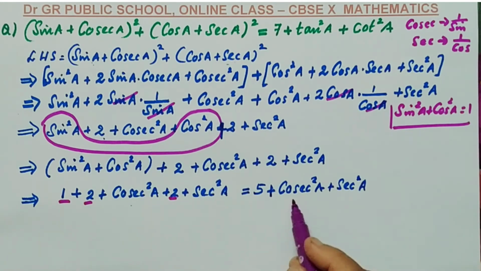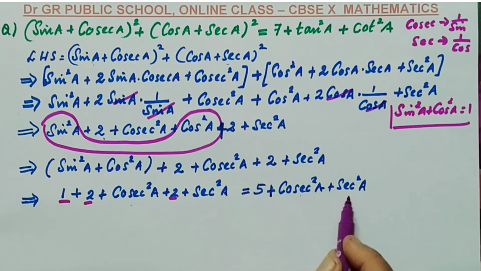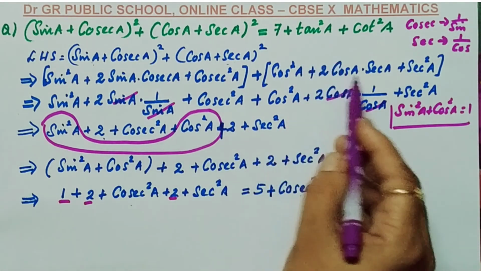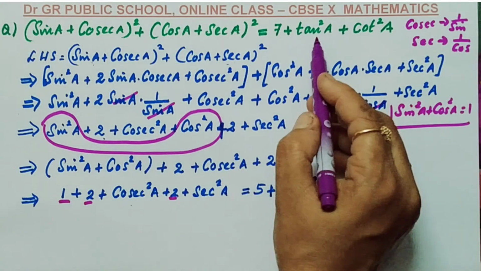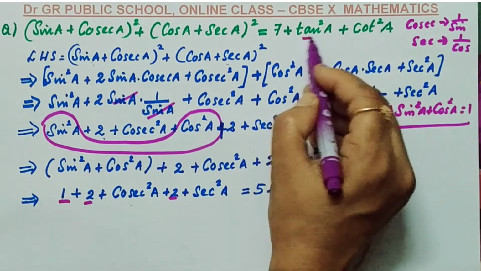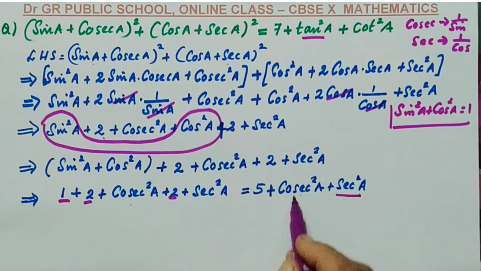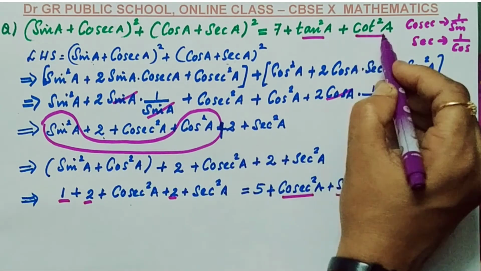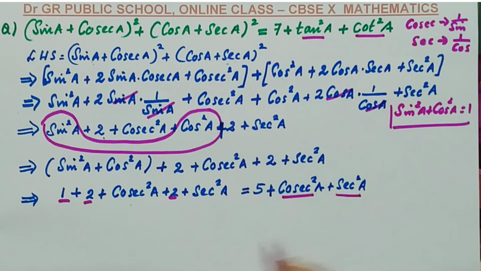No. In the RHS, you have cot square A plus tan square A, while in the LHS you have cosec square A plus sec square A. The RHS again has a square relation with the concept of tan square and cot square A. Sec square A and tan square A have a square relation, and cosec square A and cot square A also have a square relation that you need to apply here. What is the square relation connecting sec and tan?